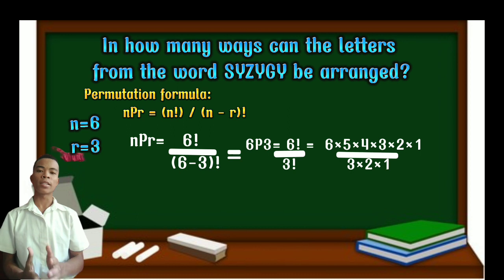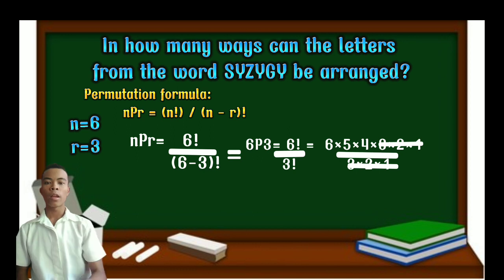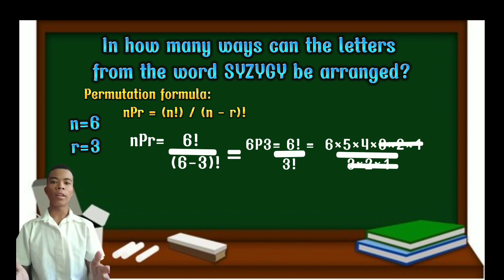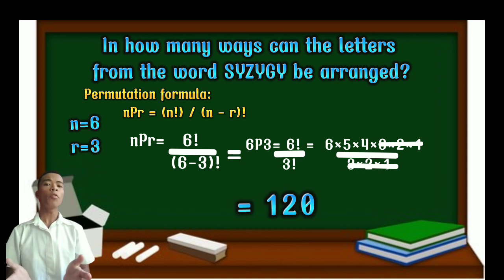Then we cancel the 3 factorial in the denominator with the 3 times 2 times 1 in the numerator. And then we multiply the remaining numbers in the numerator, which are 6, 5, and 4. So 6 times 5 equals 30, and 30 times 4 equals 120. Therefore, the number of ways the word CZG can be ordered is 120.